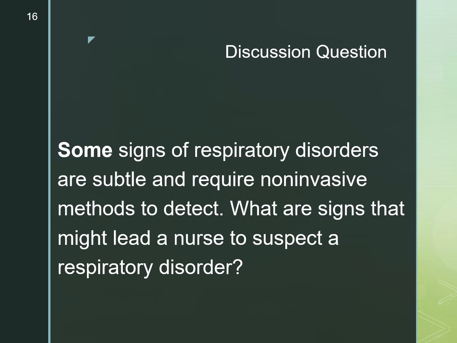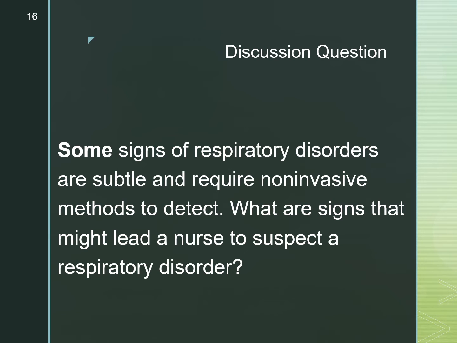This is what we call the mediastinal shift, where the heart and the other lung get pushed way over to the other side. And we can see that reflected at times if the trachea is pushed over to the other side. So instead of being right down the middle of the neck, it is off to the right or off to the left.